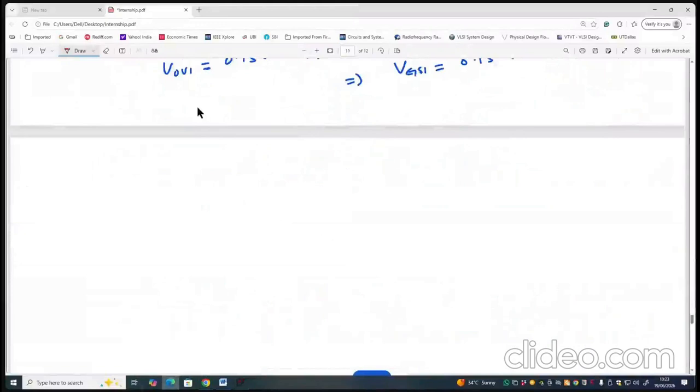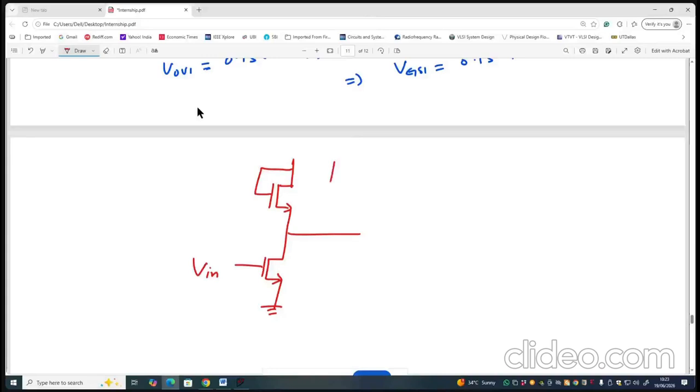So what we are doing here, we have this diode connected transistor. Let me show you analytically. And then we have connected a current source here.